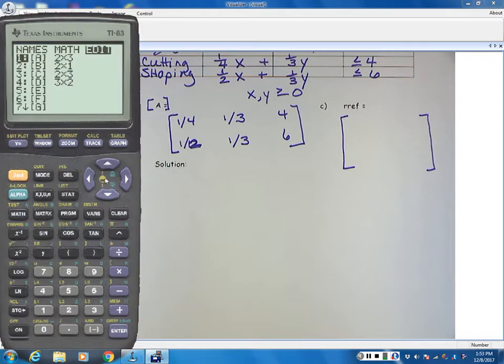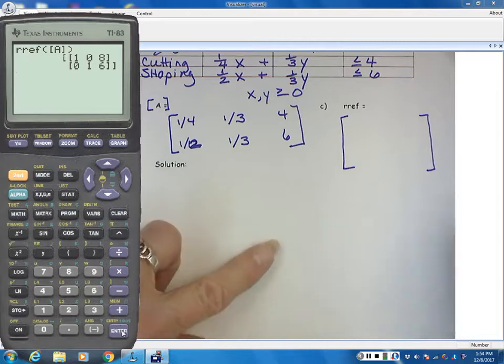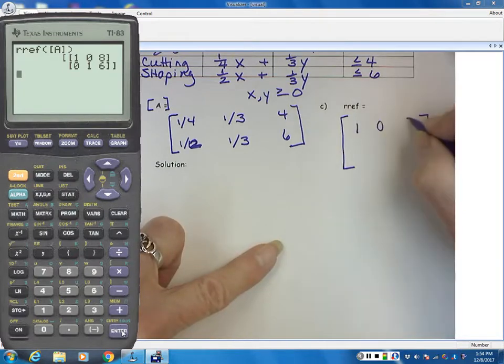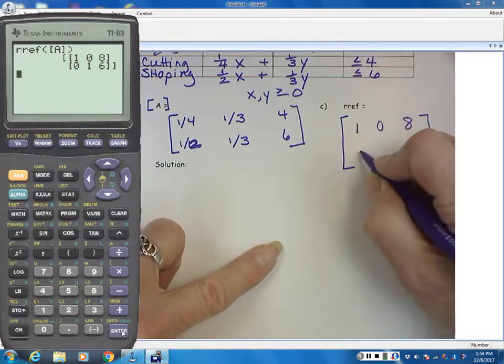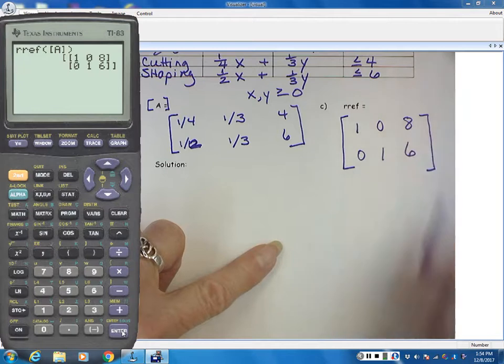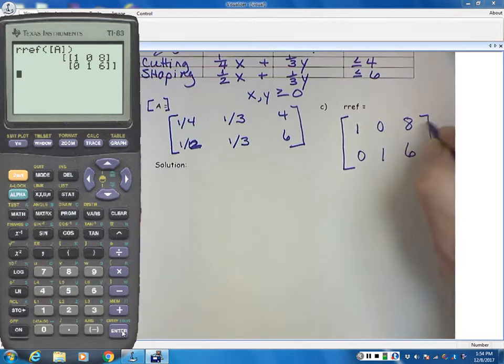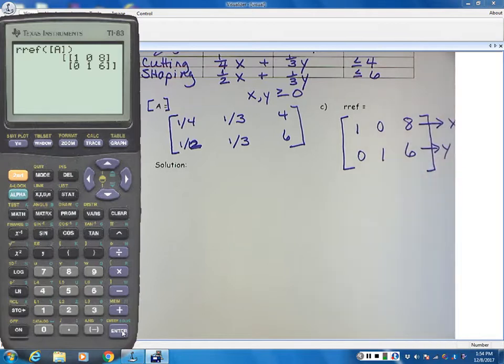So we go over to math on the matrix menu, go to RREF for matrix A, and the resulting reduced row echelon matrix is 1 0 8 and 0 1 6. That tells you this is the value of X and this is the value of Y that solves the equation.